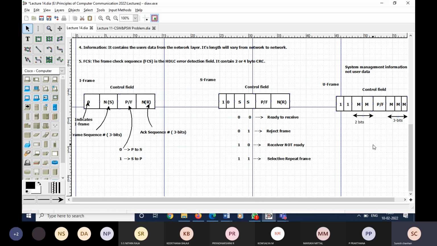And this total of 5 bits will create how many different types of frames? 32, correct? 2 raised to 5. So 32 U frames will be created by this 2-bit and 3-bit code.